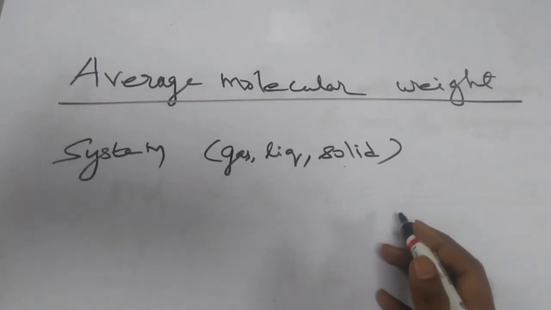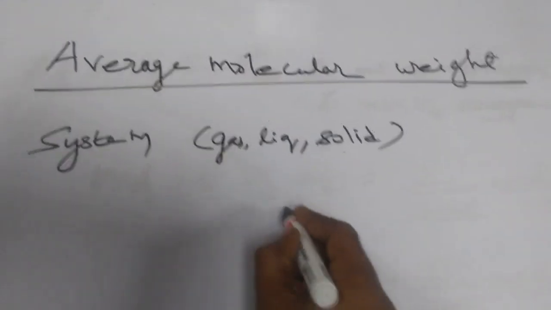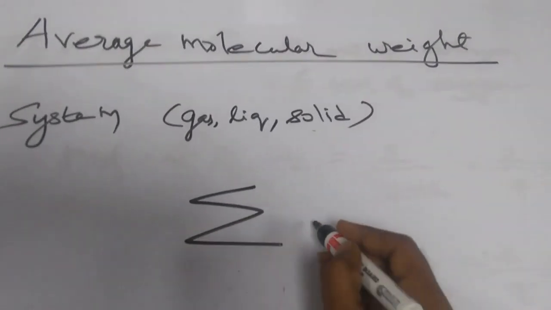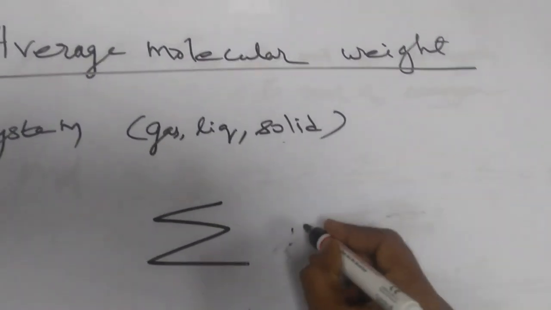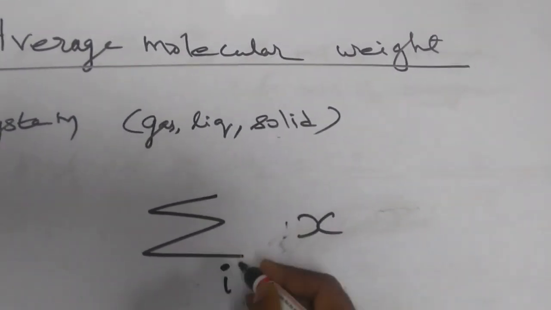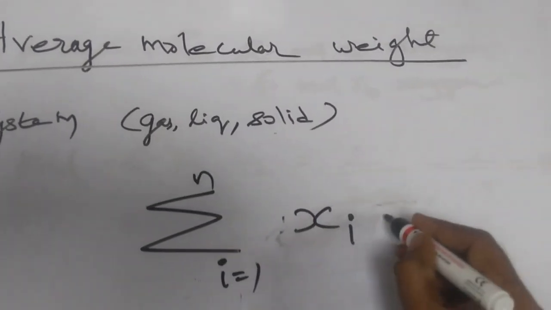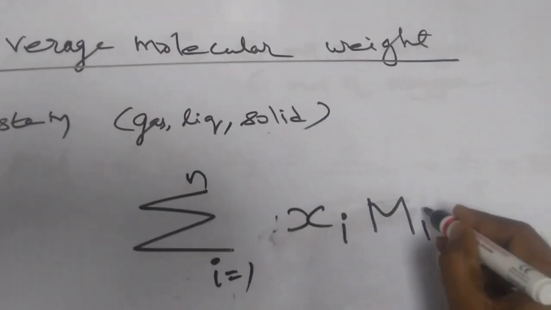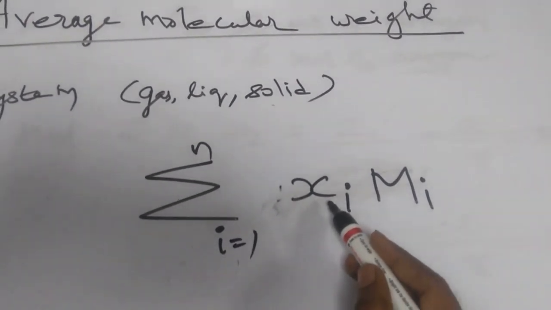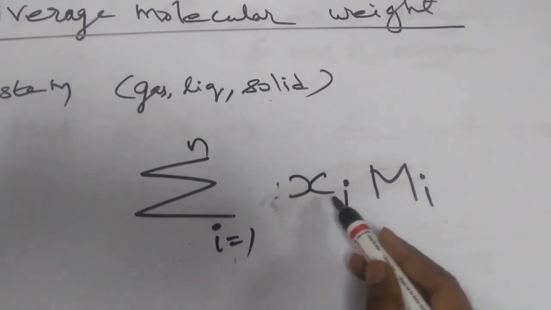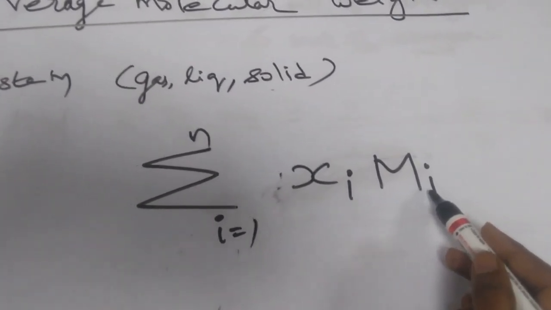It is defined as the algebraic sum of the products of mole fraction, let me say for the ith component, xi, into the molecular weight of the corresponding component, where xi is the mole fraction of the ith component and Mi is the molecular weight of the ith component.